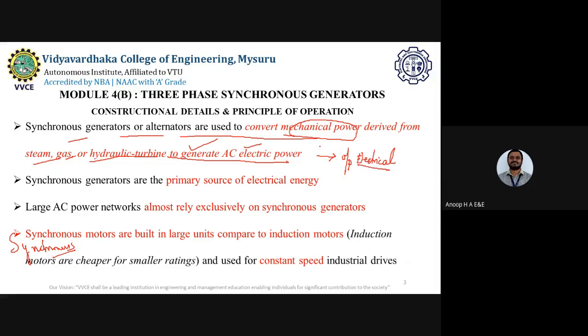What you see at the generating stations is that water is made to fall from a higher place. Here we'll have the turbine, and once the turbine is rotating, that is the mechanical energy being developed.